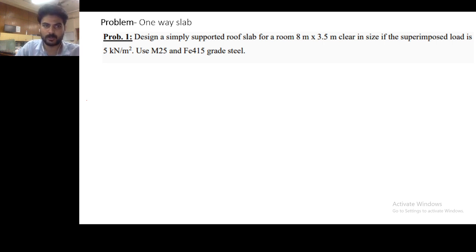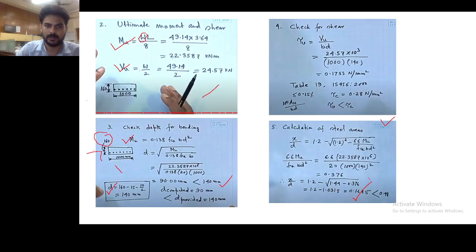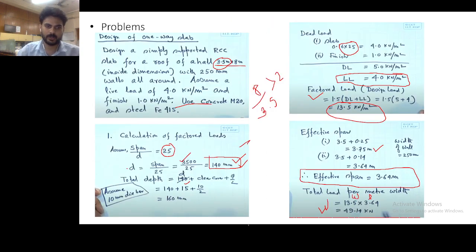The superimposed load is given directly as 5 kN per meter square, and the use of M25 and Fe415 grade is recommended. So for that we have to design the slab.